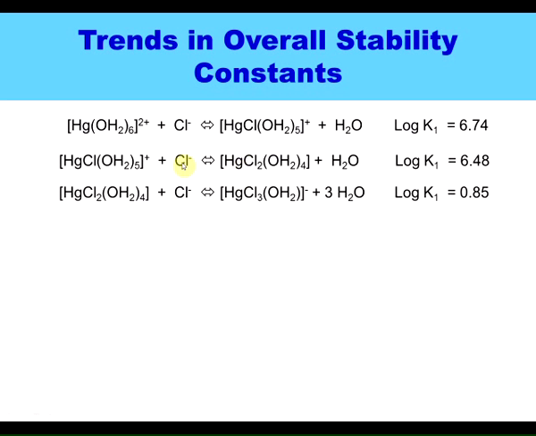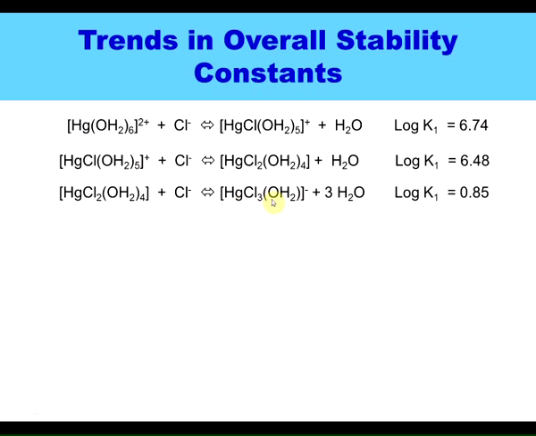And if we replace another water molecule with another chloride, we've still got an octahedral complex, and log K for this step is 6.48. Now notice in this next step where we're replacing another water with a chloride ligand, we start off with the 6-coordinate mercury complex.